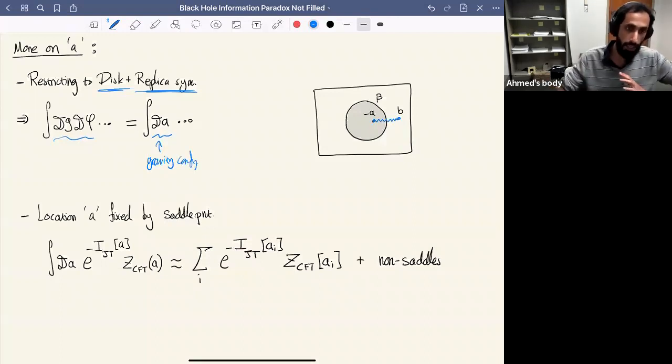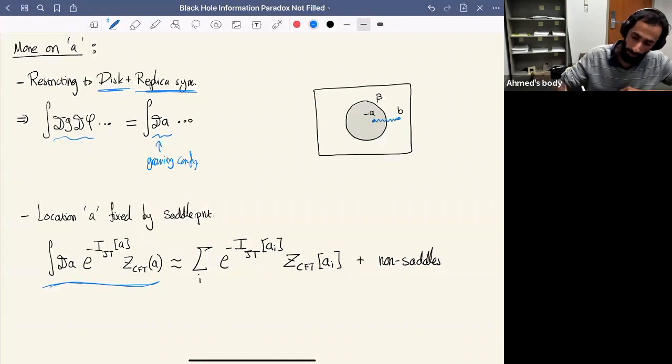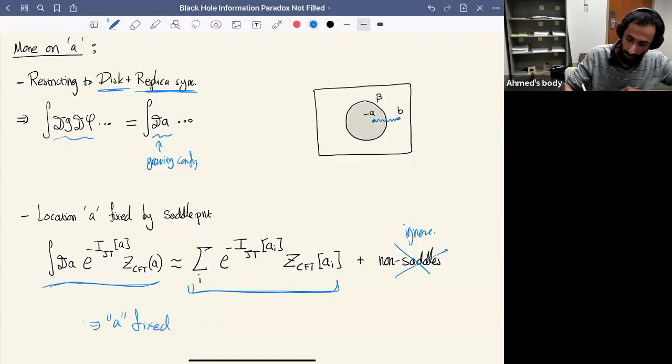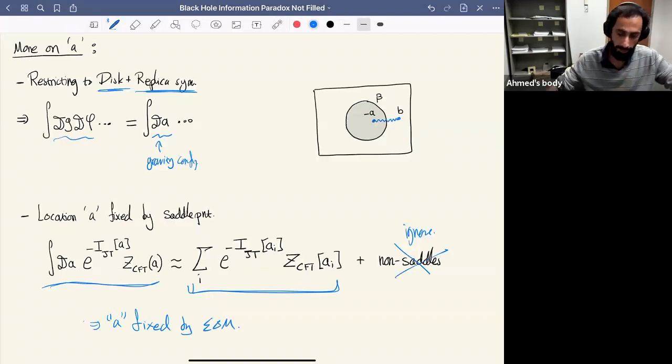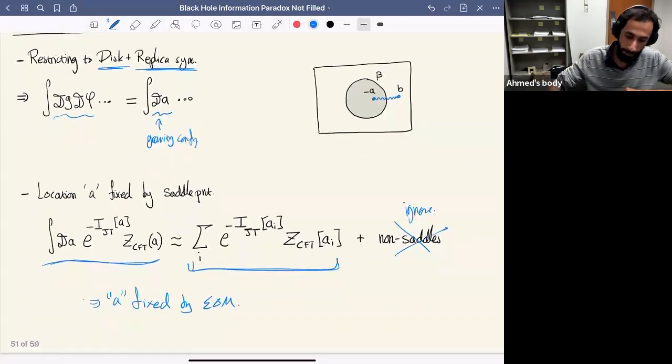Ultimately I'm going to have an integral that looks something like this. I'm integrating over A, and I will focus on saddle point contributions and ignore non-saddles. So basically, A will be fixed by the equations of motion. That's what I'm going to do, so I'm just priming you from now.